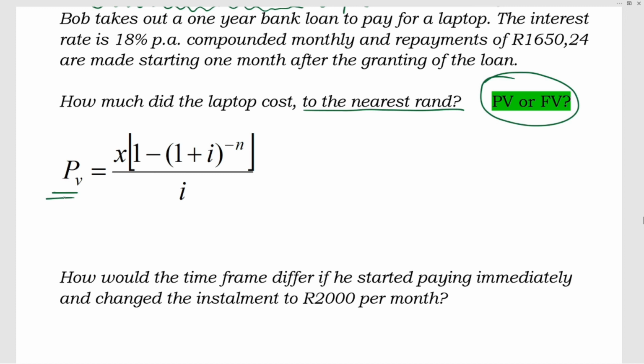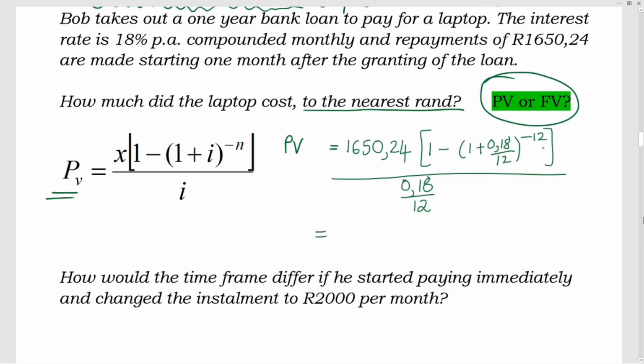And if I'm going to borrow money, it means that I have the big money now. I've got the lump sum now. And the lump sum is actually what we're calculating. So I don't know how much it is. I need to know what the value of the appliance is, and I'm going to put all of these numbers into a PV calculation.